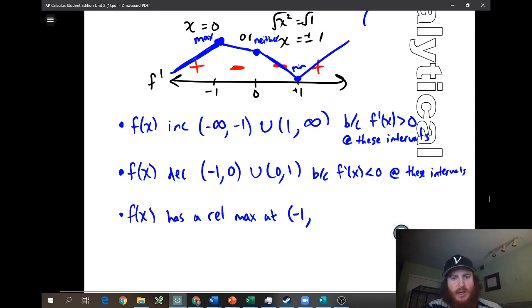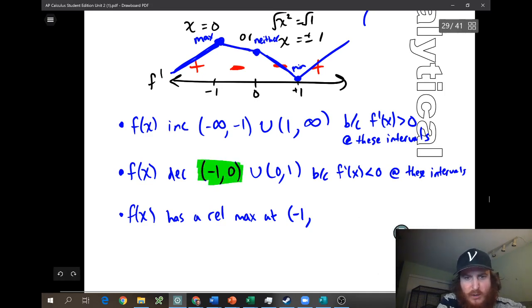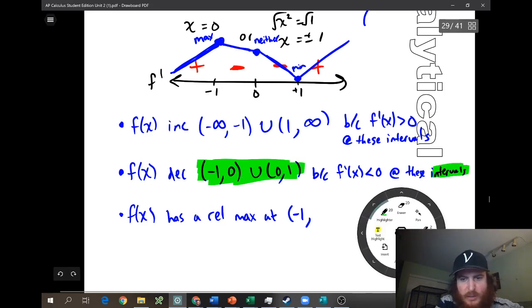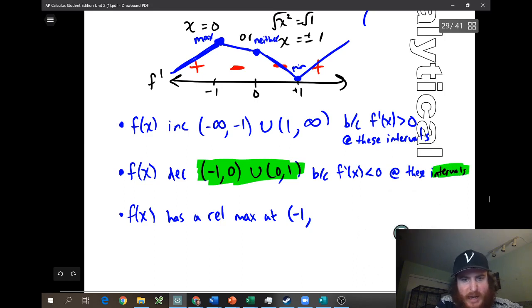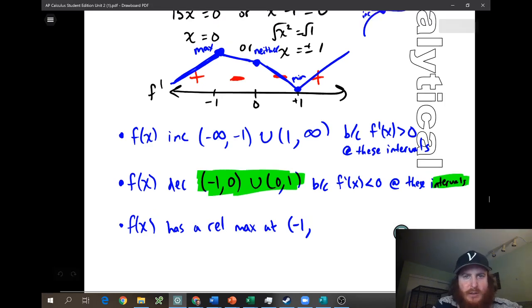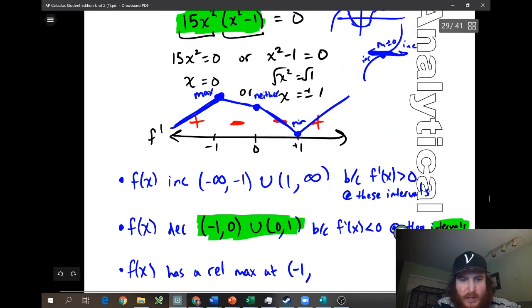And this is important to realize: in this case, the -1 to 0, union 0 to 1, those were intervals. But here, it's actually going to be at a point. So it's an x and a y value, because a maximum is at a point. So even though they both have parentheses, we want to be careful about that.